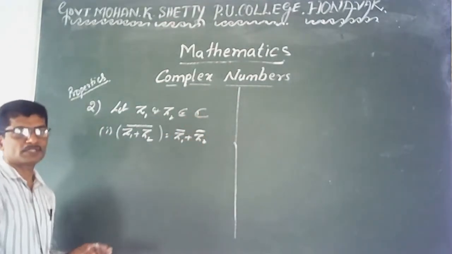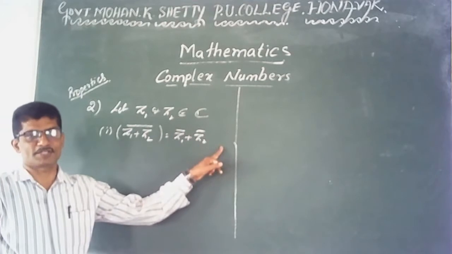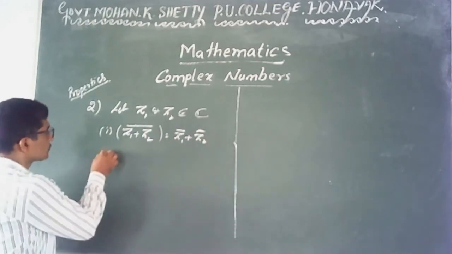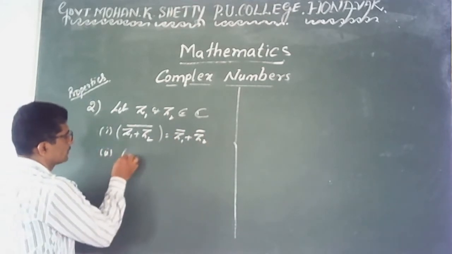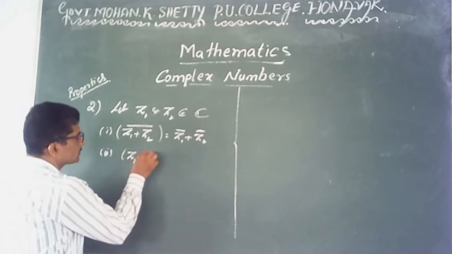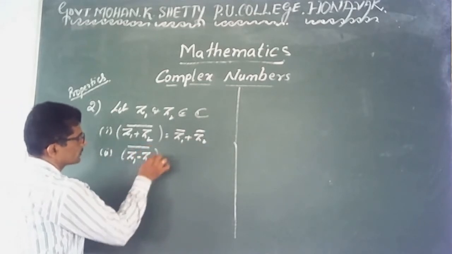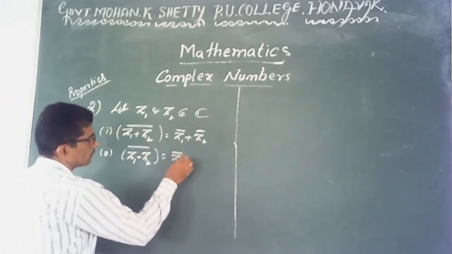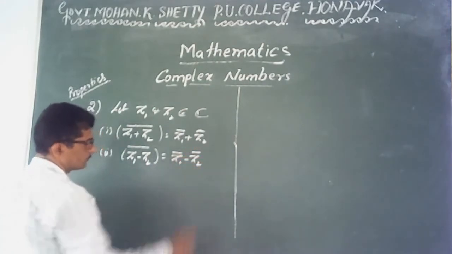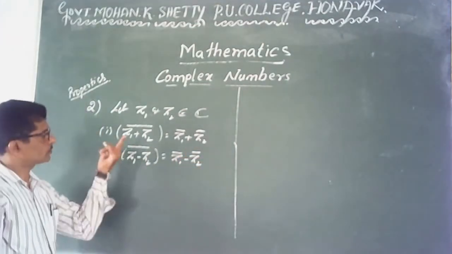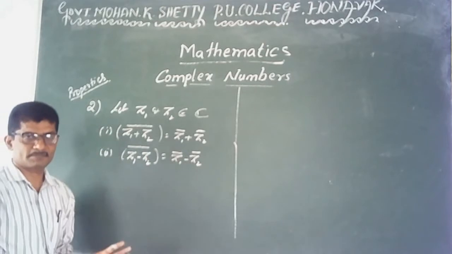The conjugate of a sum equals the sum of their conjugates. The difference is also the same. z1 minus z2 whole bar is always equal to z1 bar minus z2 bar. Proof is not necessary. Suppose you do the proof, you get the same results.